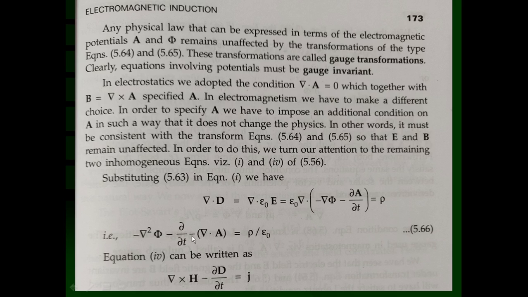Substituting, we can obtain equation 5.66, which is nothing but minus del square phi minus del del T of divergence of vector A is equal to rho upon epsilon 0.